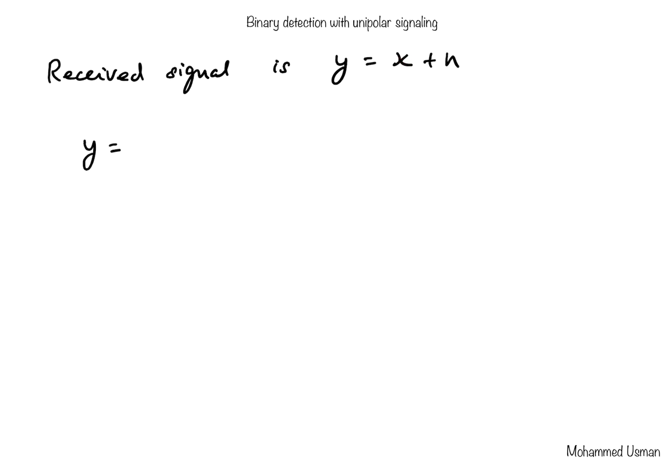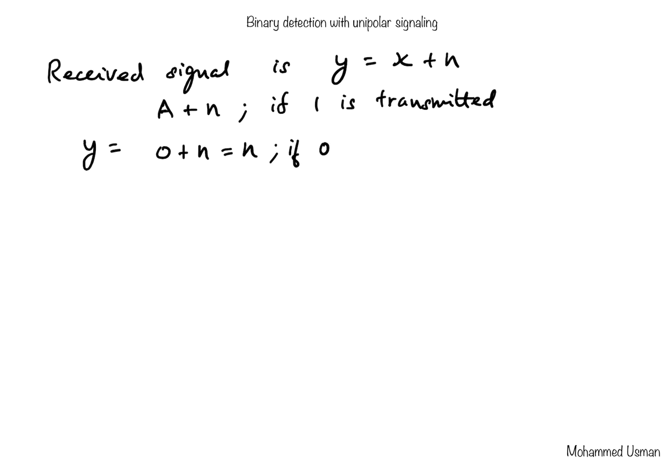So Y is equal to the voltage level for 1, which is A, plus noise if 1 is transmitted, and it will be 0 plus noise, which is simply equal to the noise, if 0 is transmitted.